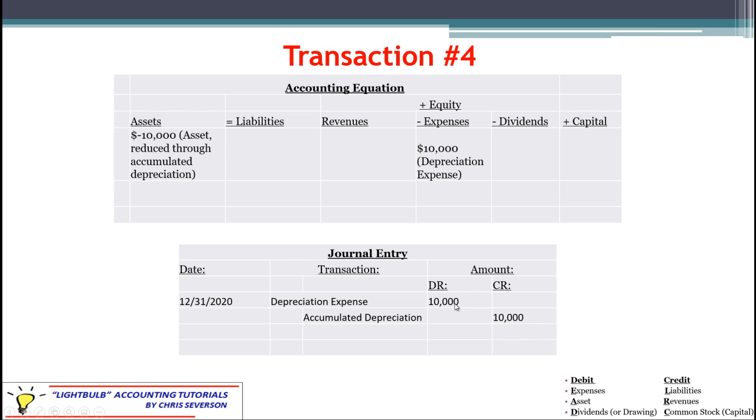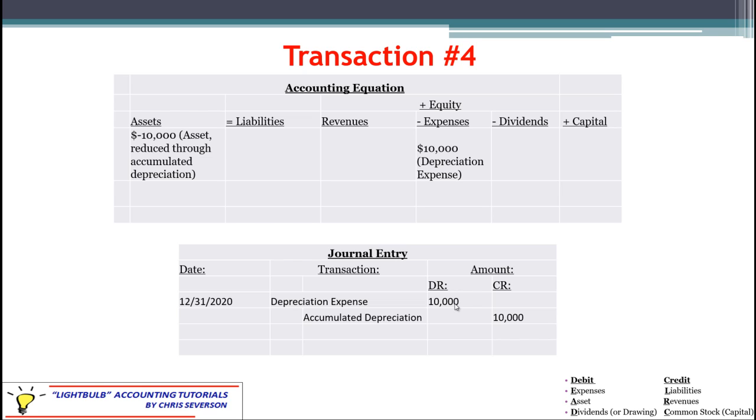Now here's where the trick comes in. If we were trying to decrease the asset, we would use the opposite of its normal balance. It has a normal debit balance. We would use a credit to decrease it. But we're using this account called accumulated depreciation. Anytime you see the word contra asset or contra anything, there are contra liabilities, there are contra equity accounts.